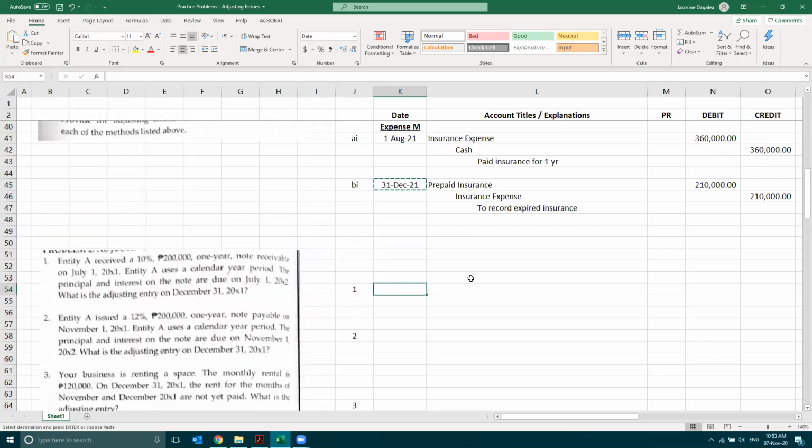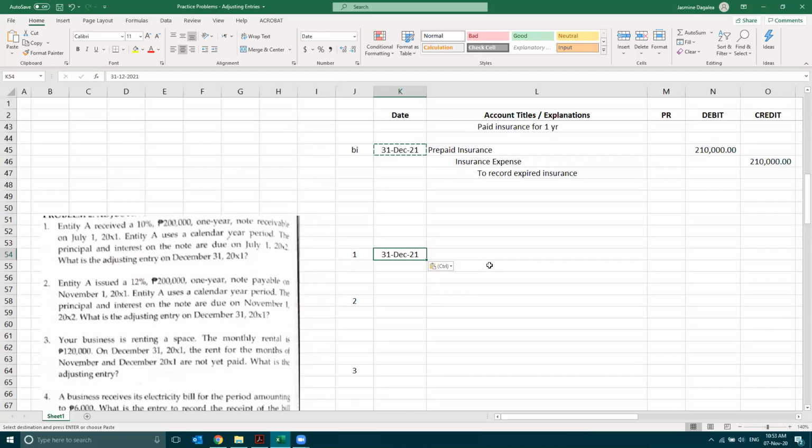In this case, it is notes receivable. So what is your adjusting entry? What will you recognize here on December 31? Student: Is this income receivable, ma'am?